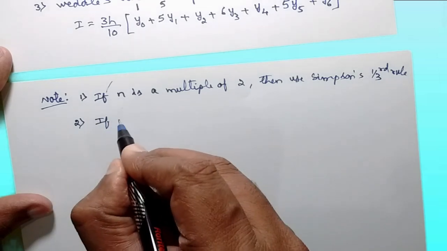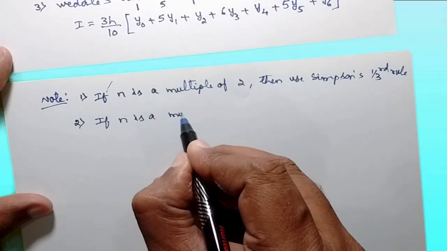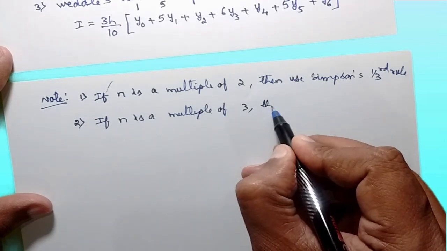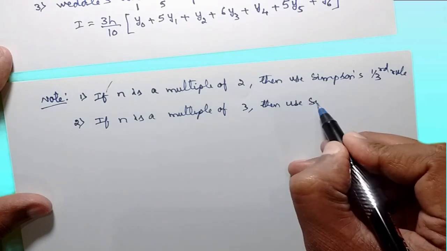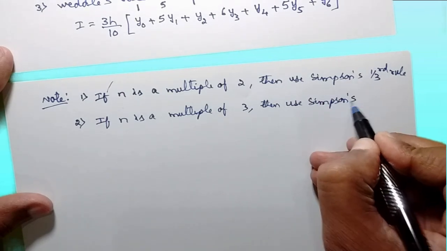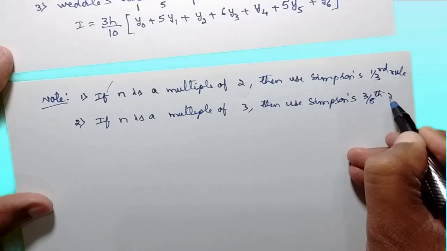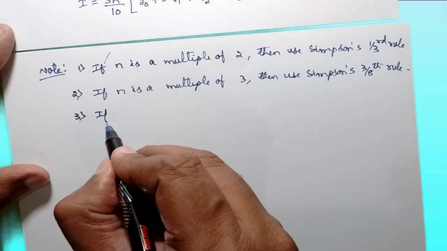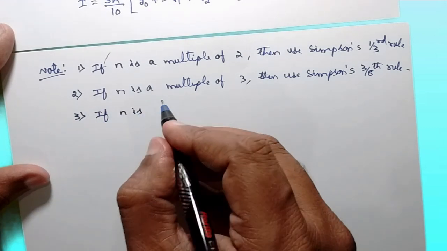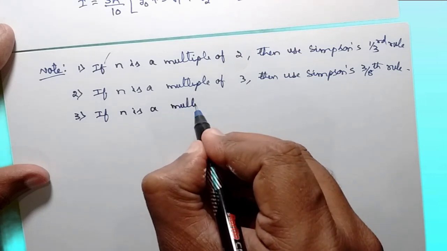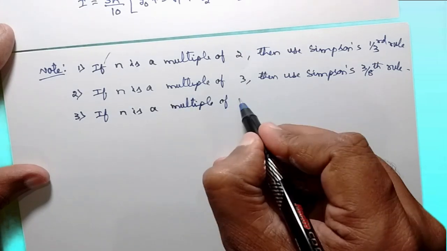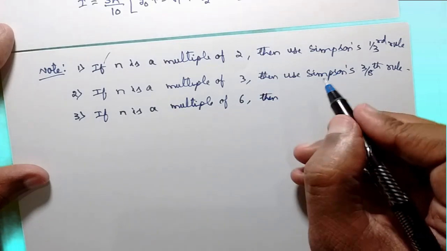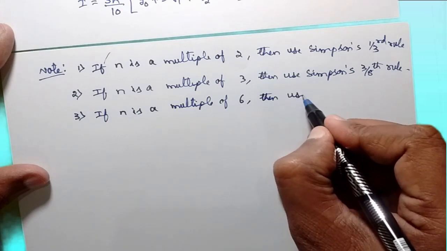Then suppose n is a multiple of 3, then we can use Simpson's 3/8 rule. Then suppose n is a multiple of 6, then we can use Weddle's rule.